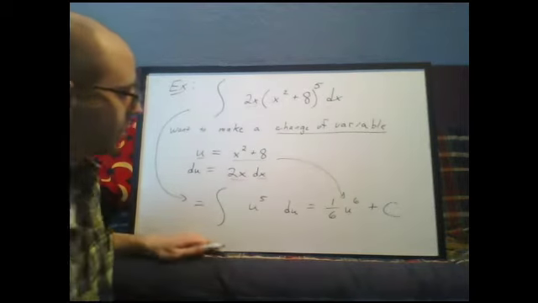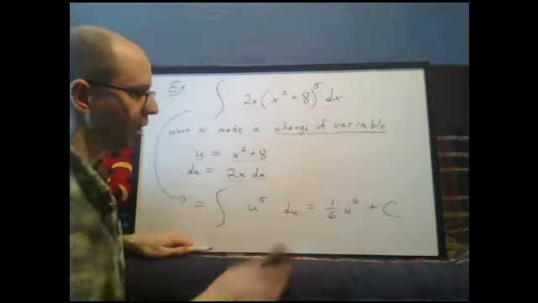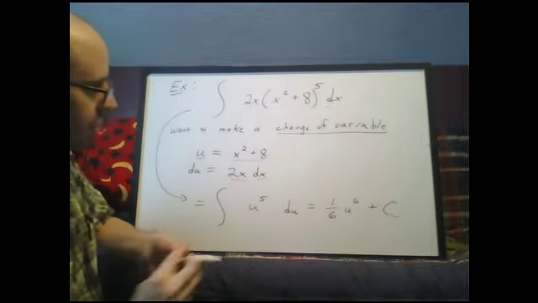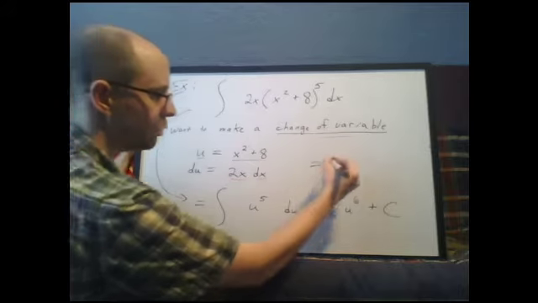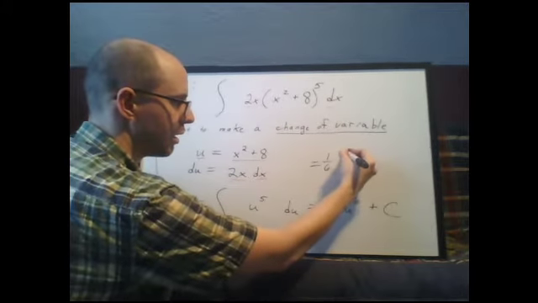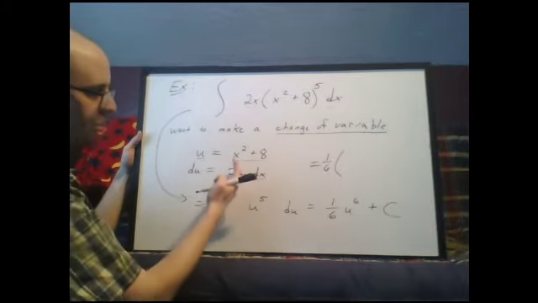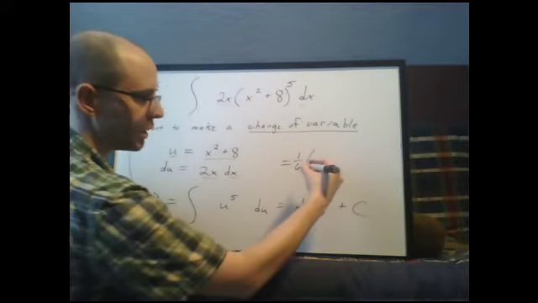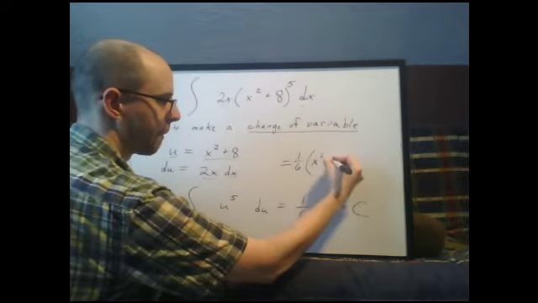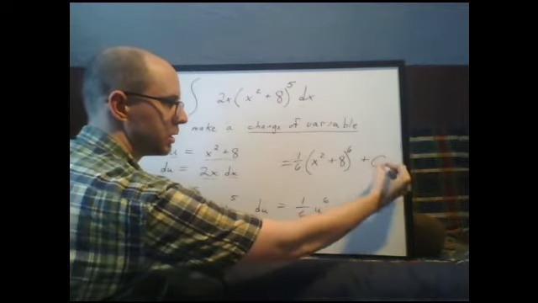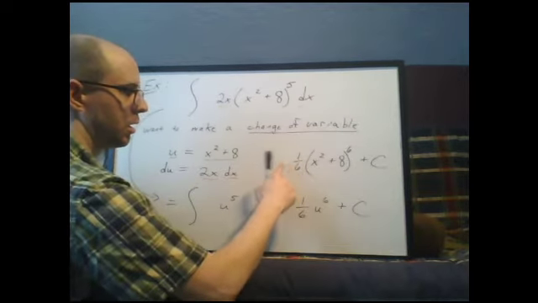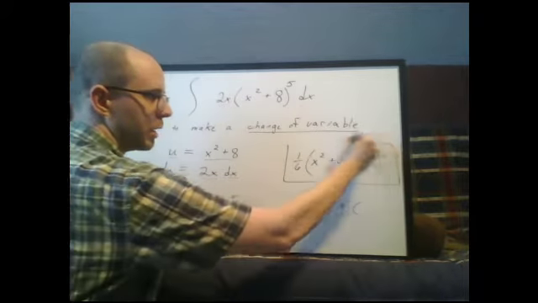So let me rewrite this. So this now is equal to 1/6 times, u gets replaced by this expression, (x squared plus 8) to the sixth power plus c. So this is my final answer.